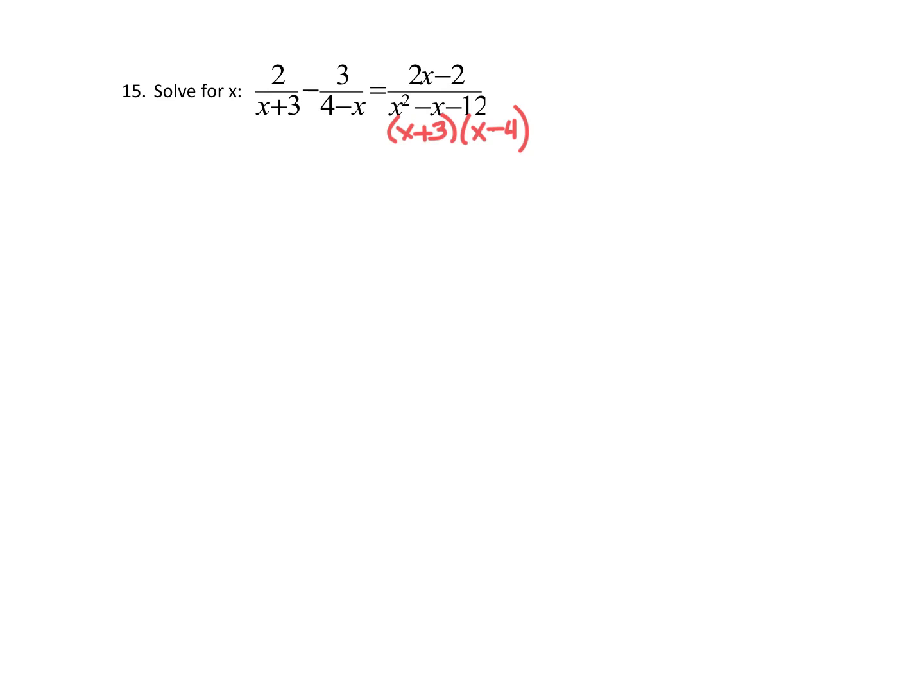Now, if we look at our other denominators, this says x plus 3, which we have right there. This says 4 minus x. That's different than x minus 4, because here our x is positive and our 4 is negative, whereas over here our x is negative and the 4 is positive. But remember, you're allowed to switch the order of this.